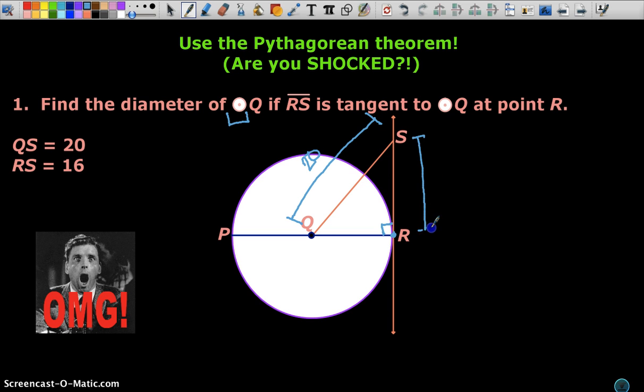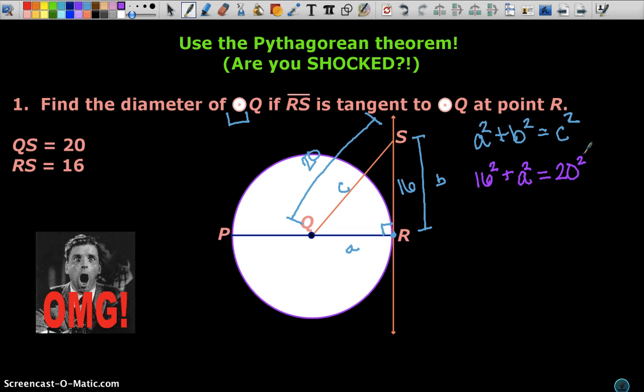So from here to here is 16. So we have a squared plus b squared equals c squared. Remember, c is always the hypotenuse, so this is your c. A and b are interchangeable. It doesn't matter where you put them. So we do 16 squared plus x squared equals 20 squared.